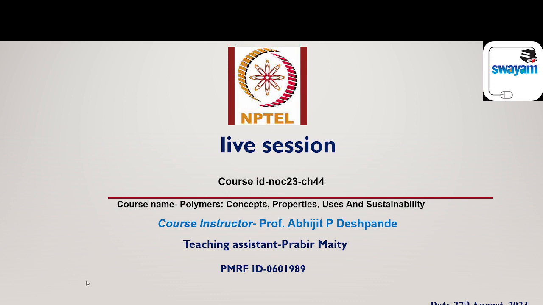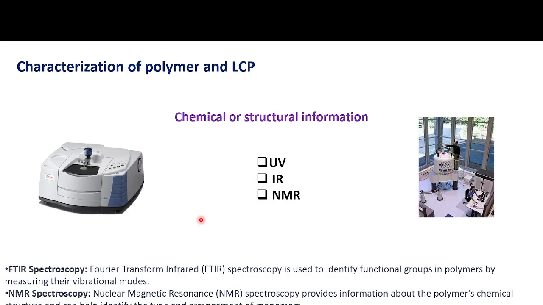So how can we characterize a polymer, how can we identify what is polymer and what is monomer? If you want to go to the characterization of polymers, the first characterization may be their chemical structure information.